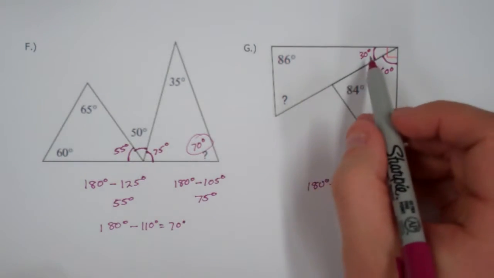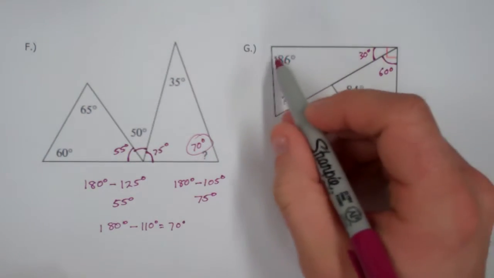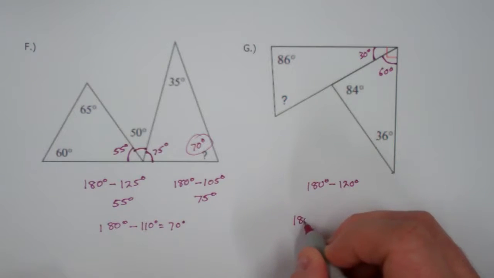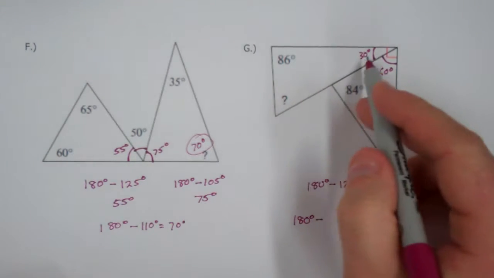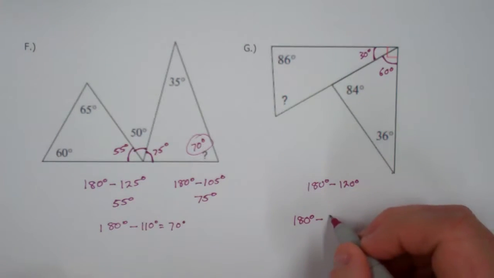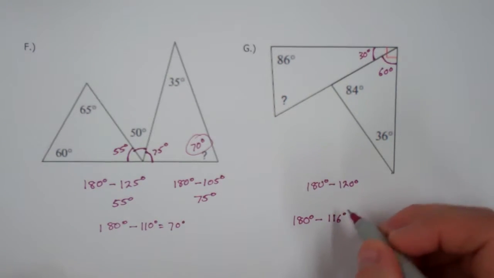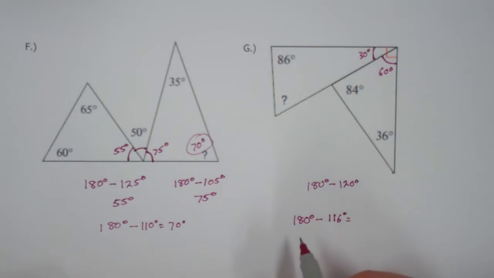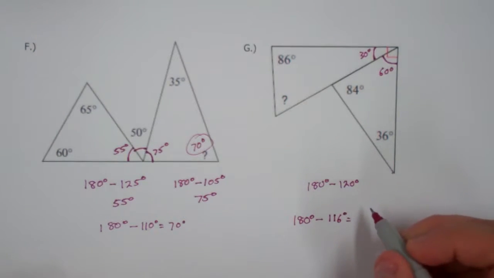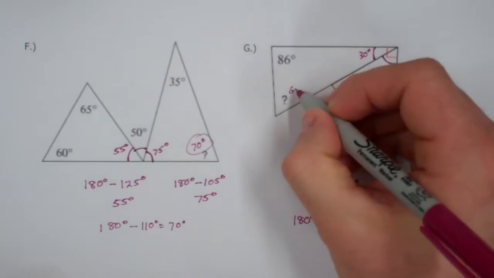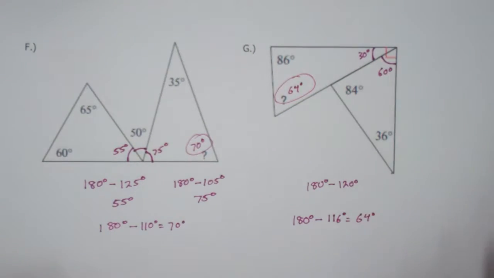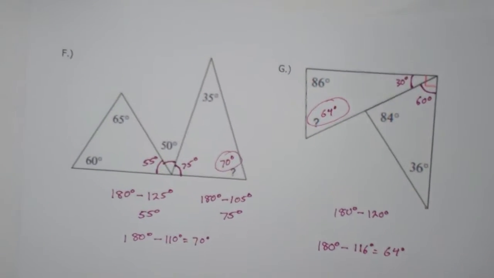Then we can use our triangle sum theorem here, that the interior angles add up to 180. We could take 180 and subtract 86 and 30. So 86 and 30 is 116. And then utilizing 180 minus 116, that would give us 64 degrees. So the measure of this angle has got to be 64 degrees.